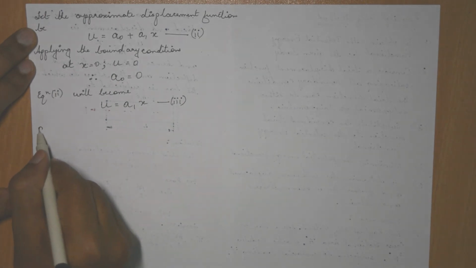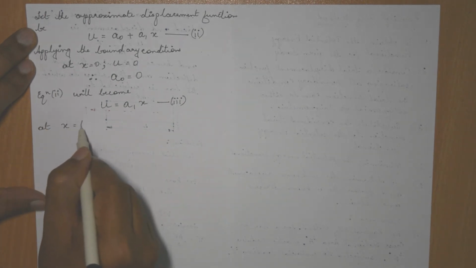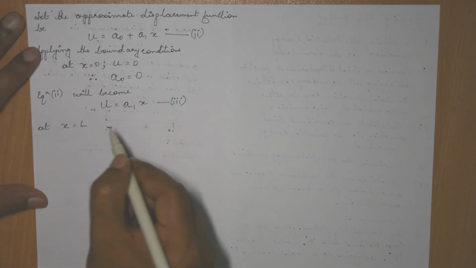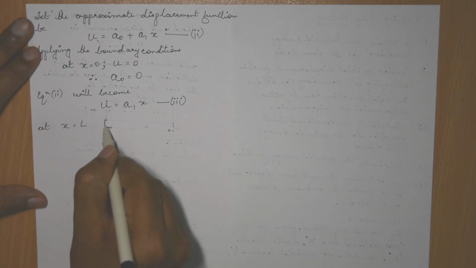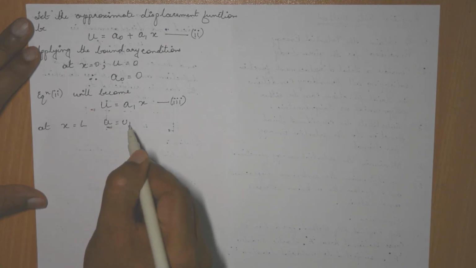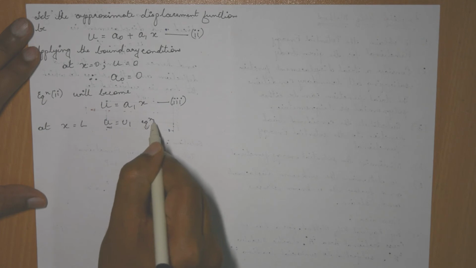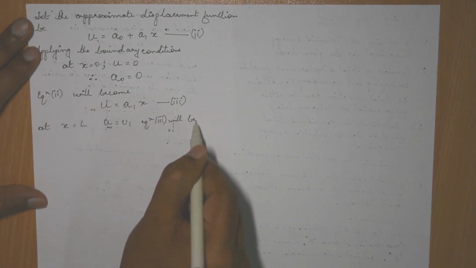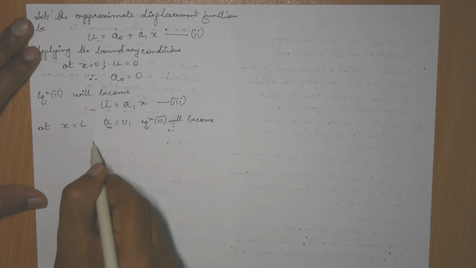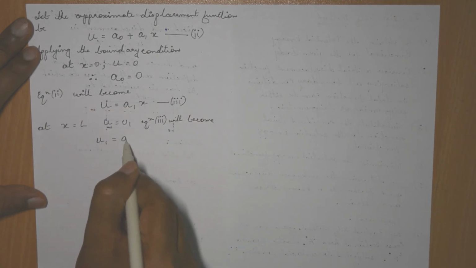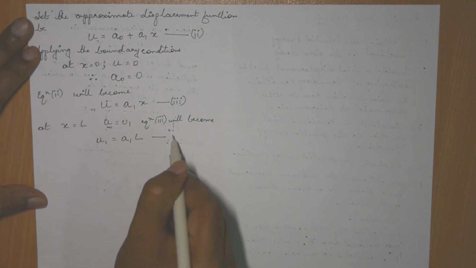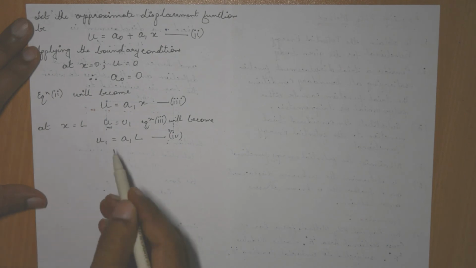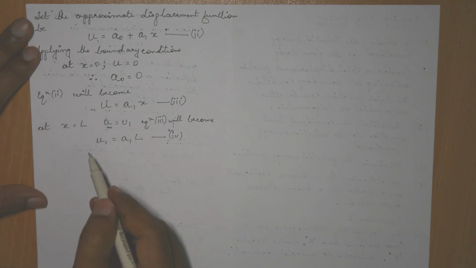Now, the second boundary condition is at x equals L, that is capital L, the length of the bar. At x equals L, U is equal to U1, hence equation 3 will become U1 equals A1 into L. I will call this equation 4. Now, U1 is obtained.